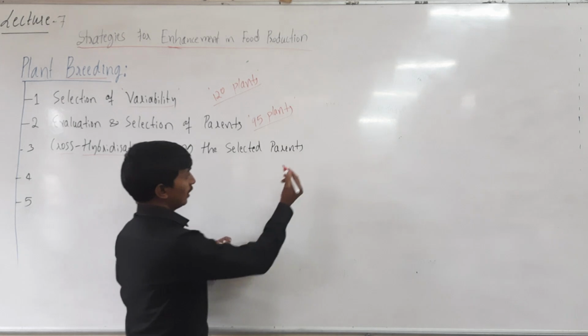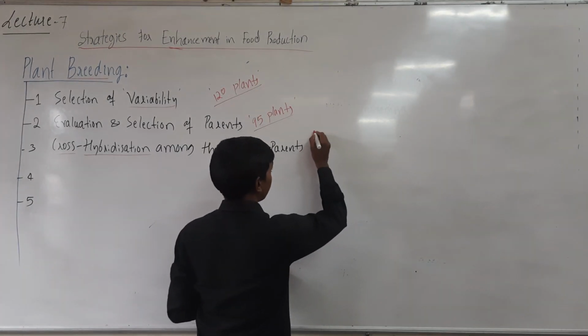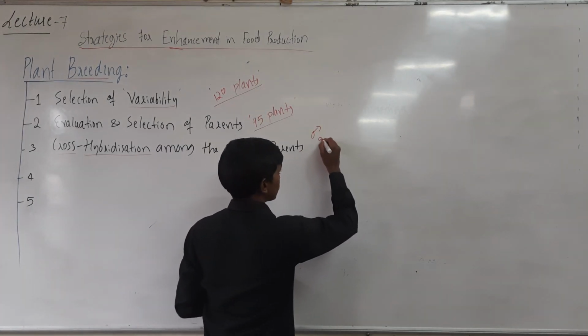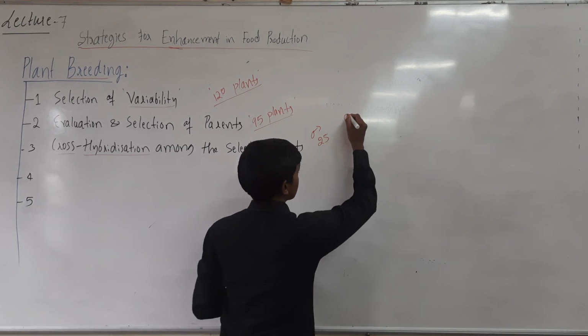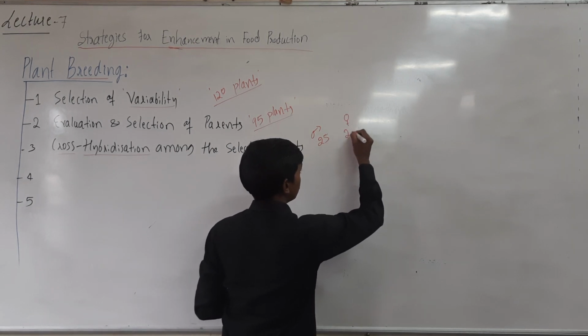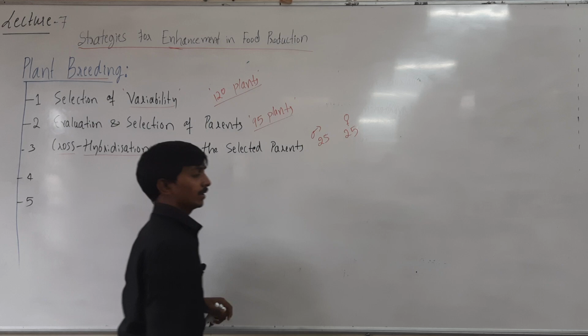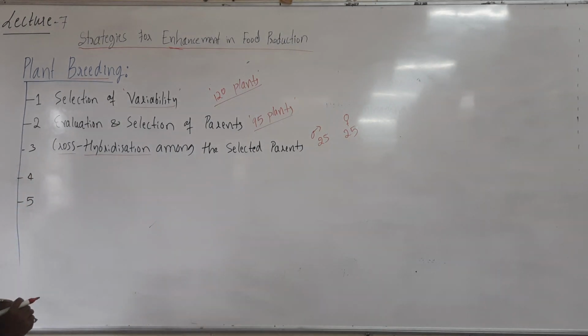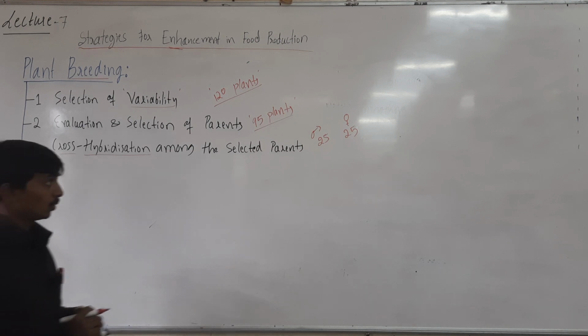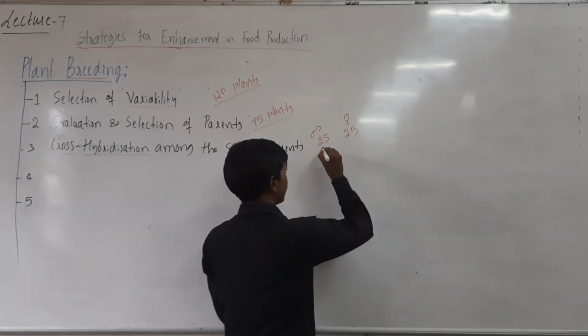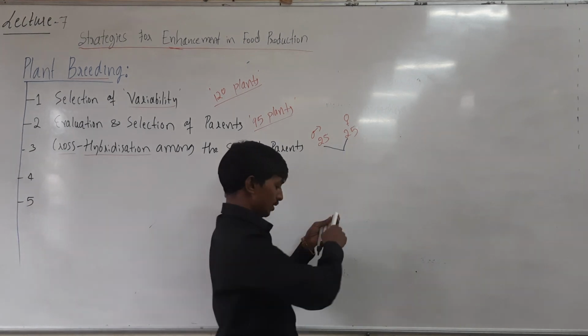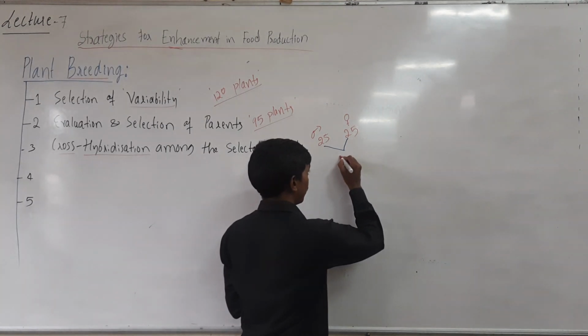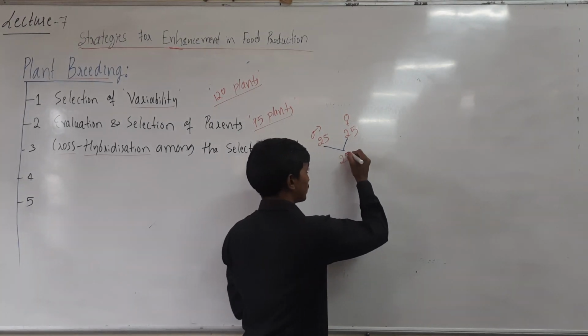Say for example, as male plants I have taken some 25, as female plants I have taken some 25. So, crossed between those 50 plants, right. As a result of this, we have obtained 25 new plants.